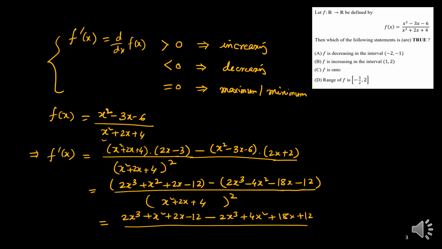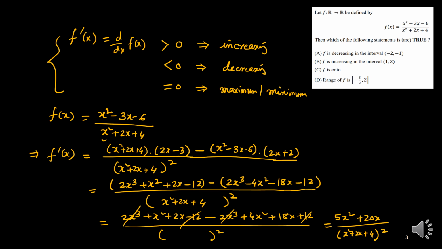And the denominator, this square will be there. So here you will see 12 is cancelling out. So what do you get? This is 4 plus 1 is 5x square, and 2x plus 18x is 20x upon x square plus 2x plus 4, that square.